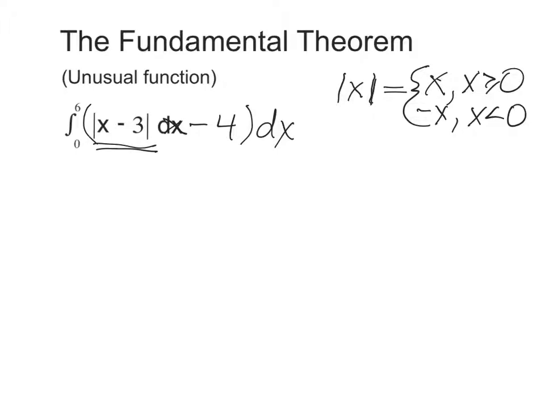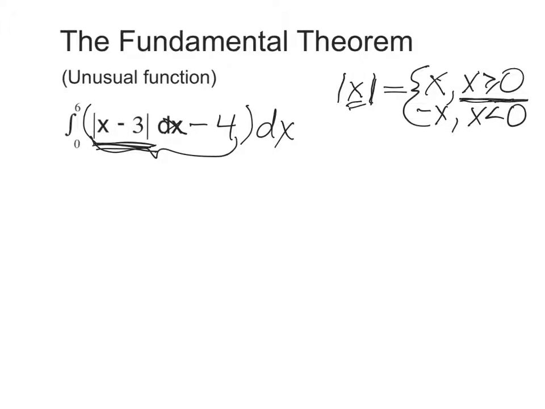Opposite of a negative number is a positive number. So either way, the results of the absolute value will be a positive number, or at the very least equal to 0 in this case. So what we have to do is change the form of this function based on the definition of the absolute value. Now, in this function x is on the inside, and we've got to think in terms of the inside.